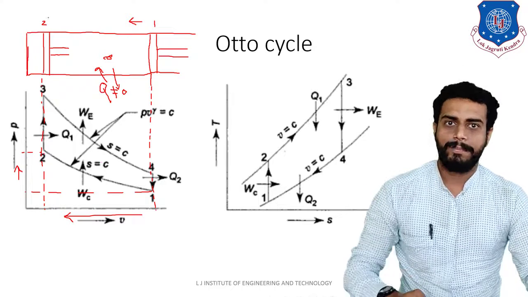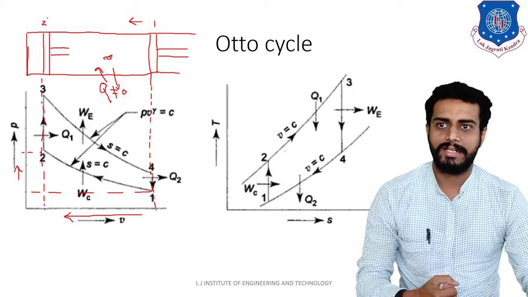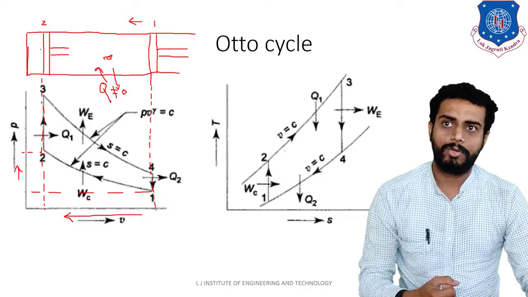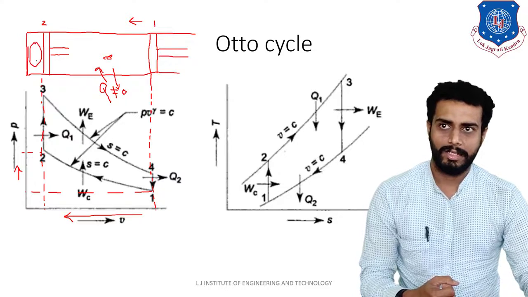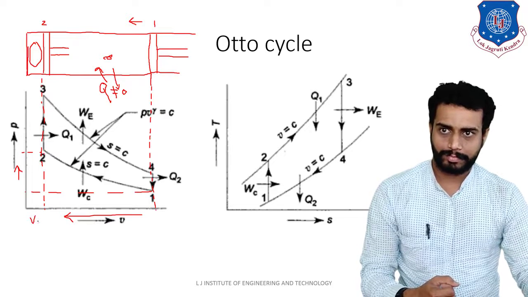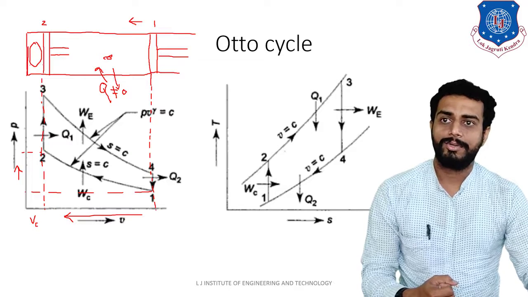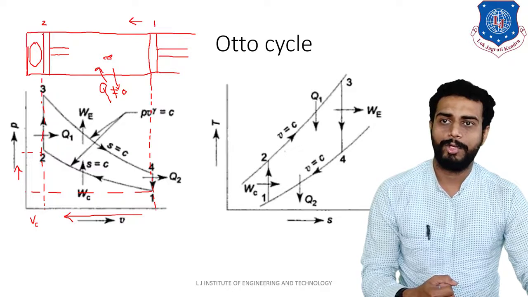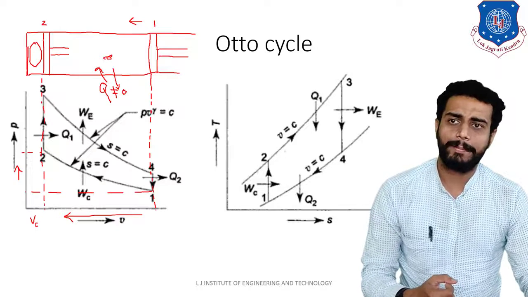Now further, the piston has reached point number 2, that is known as the inner dead center, right? Now at point number 2, what will happen? Now you can see that this much space is there in the cylinder cavity and that space is known as clearance volume. I have already told you in the previous slide, right? So this is the clearance volume. Okay, now at point number 2, what will happen?